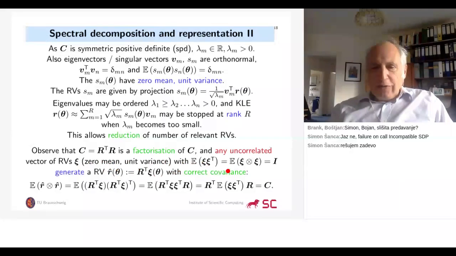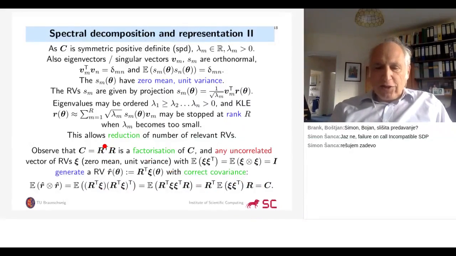This vector has the correct covariance, because if I compute it, I can pull the R out because it's constant, and because this is the identity, I get C. So one thing people like to do is to take the Cholesky factorization for that.